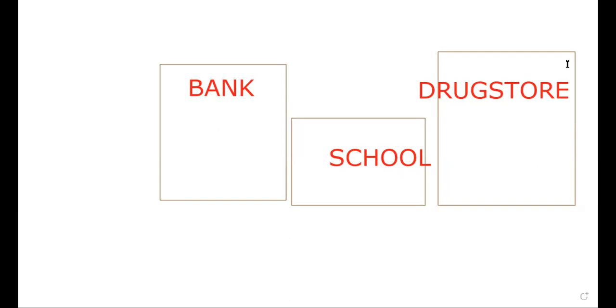In this case, it's next to the school, or the bank is next to the school. The school, as Ms. Pacheco said, is between, because in that case, we have one on the right side and one on the left side. We have two, so we can say between.